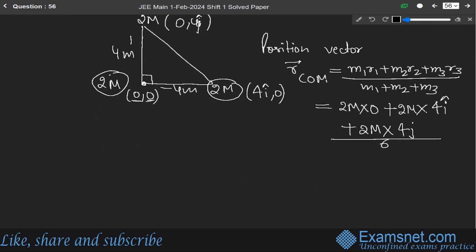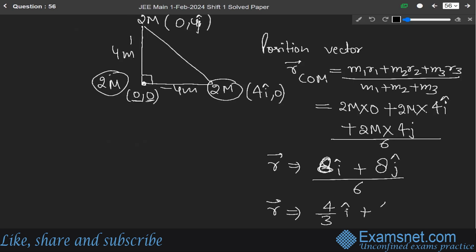So the position vector r will be equal to 4 into 2... no, sorry, 2 into 8 i cap plus 8 j cap over 6. So r will be equal to 4 over 3 i cap plus 4 over 3 j cap.